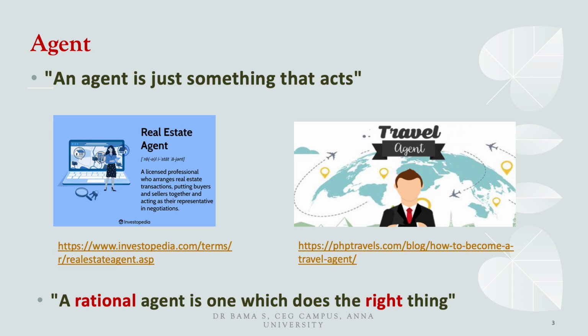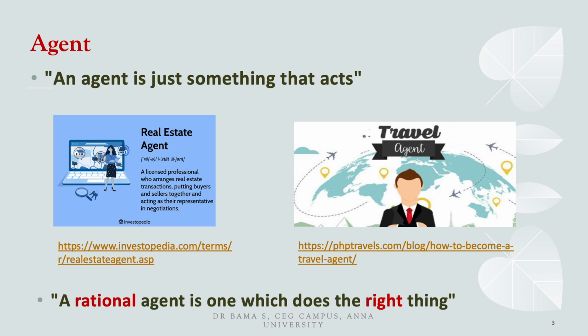Similarly, another type of agent, here I have taken an example of the travel agent. Suppose we go to the travel agent in order to book some tickets, and he knows much more than what we know, and he is going to be the intermediate point between the travel companies and us.